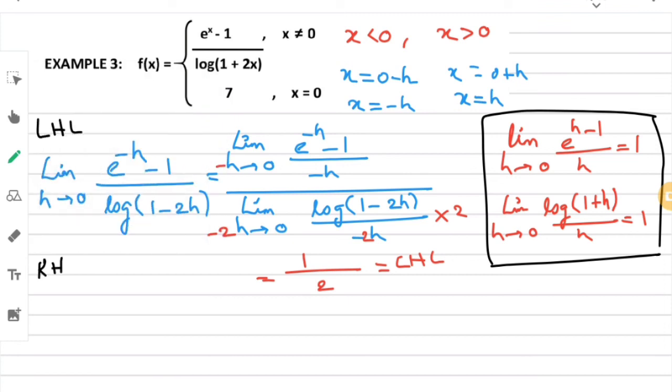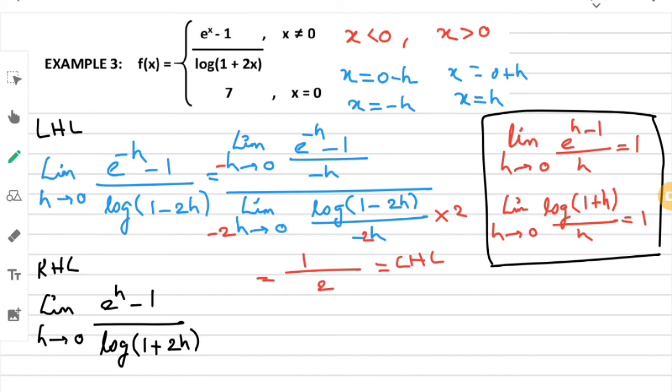Simultaneously, I am going to do it for the RHL. So RHL. Here I want to take x is equal to h. So limit h tends to 0, e power h minus 1 divided by log of 1 minus or plus? Plus 2h. Okay. Now I am going to divide both the numerator and denominator by h, and then I am going to split the limit also.